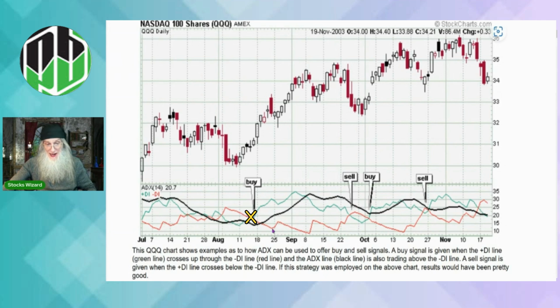The red is going down, the green is going up. There is a power shift here. What's at the top of the ADX? Strength and power. What's at the bottom? Well, the zero is. Right, no strength, no power. So the red is going into no power. The green is going into power.